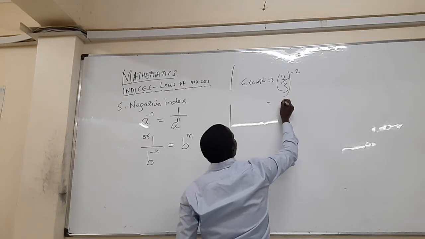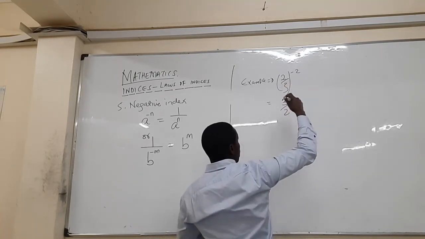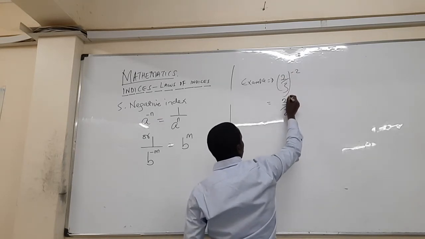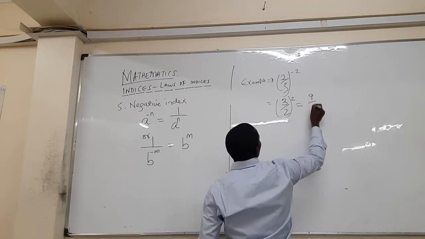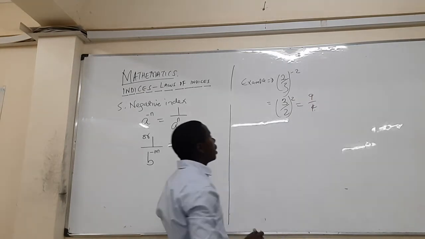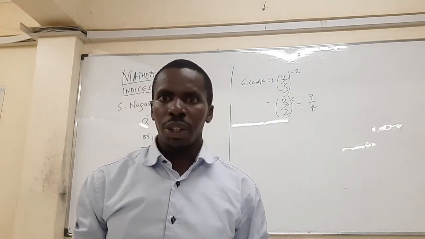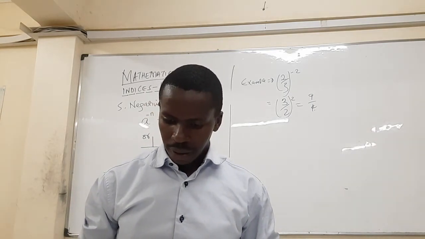So it's going to be 3 over 2: 2 over 3 reciprocal becomes 3 on the top and 2 on the bottom, and then power 2, which is equal to 9 all over 4. So when there is that minus there, it just means you are finding the reciprocal. You can have another example.